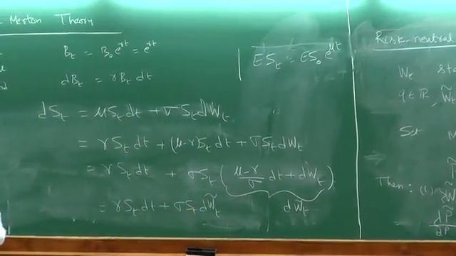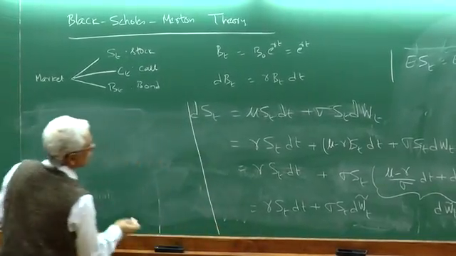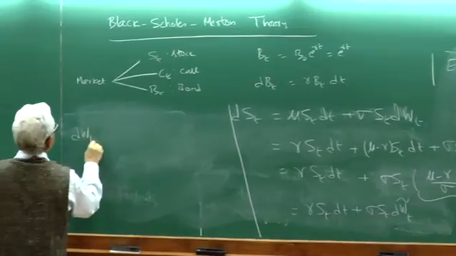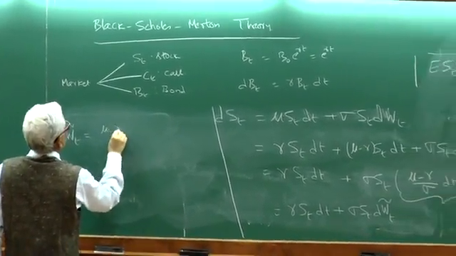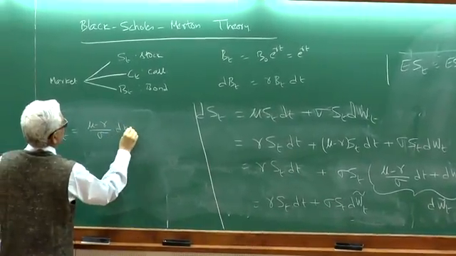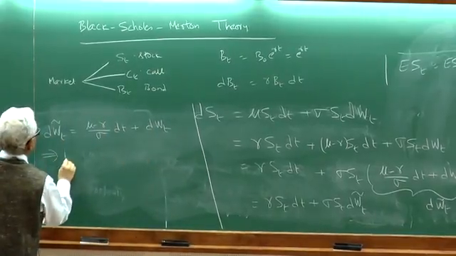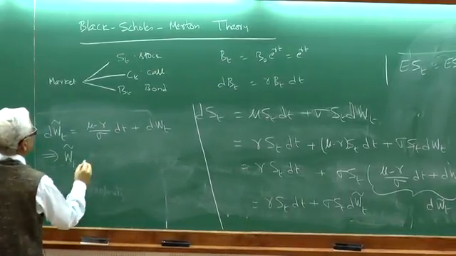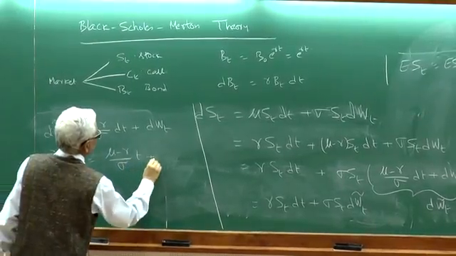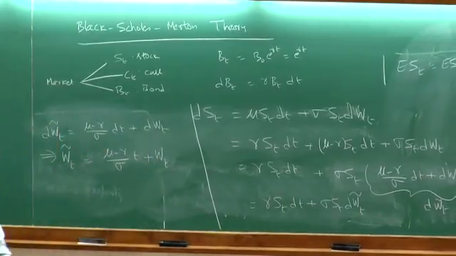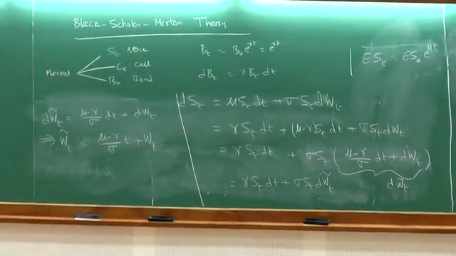Now what is my dW_t tilde? dW_t tilde is mu minus r over sigma dt plus dW_t. In other words, what is my W_t tilde? This is mu minus r over sigma times t plus W_t, right? Is that okay? This is okay.